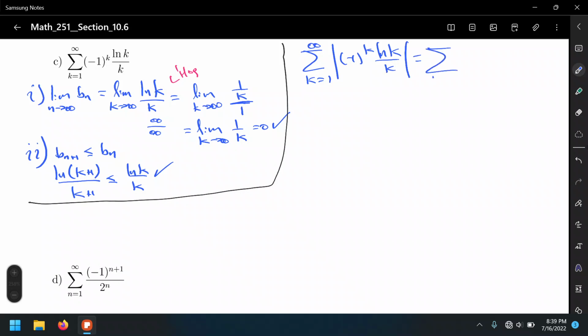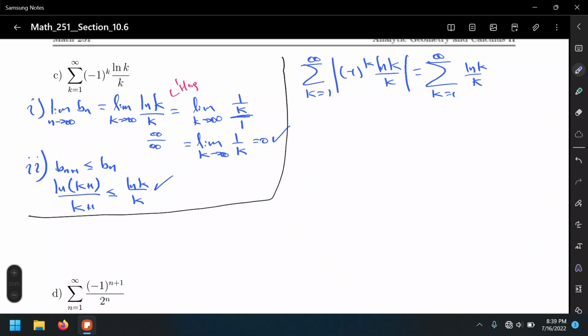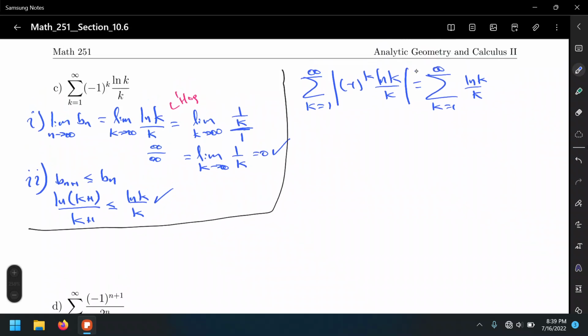That's sigma k equals 1 to infinity of ln of k over k. In this case, we need to find the most suitable test to determine the convergence or divergence for this series. There are a couple of ways that we can go about this one.